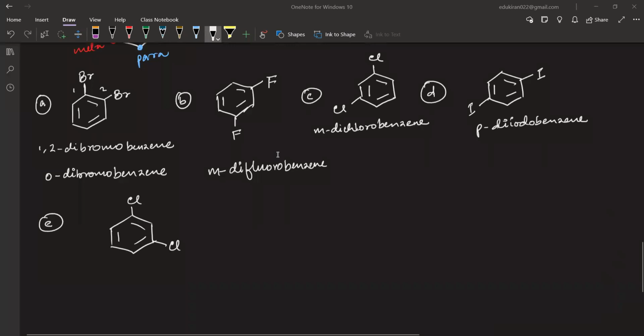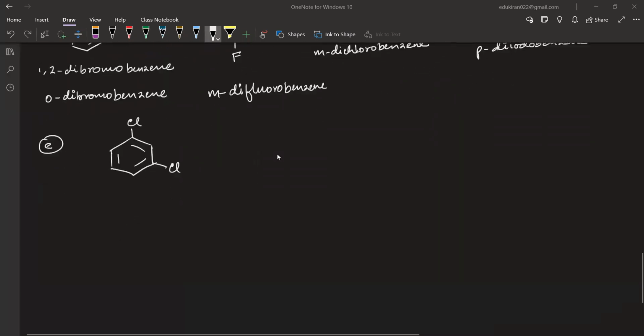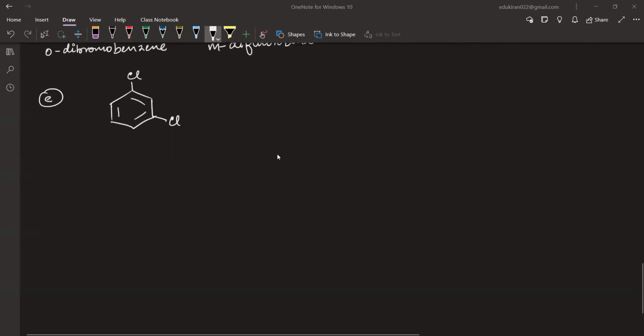Acha. While the azan is going on, try to name this molecule. Not using the OMP method.